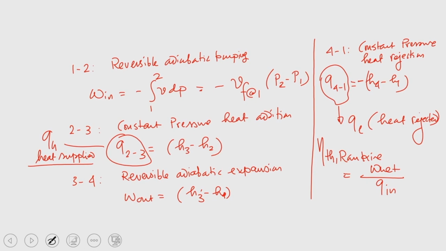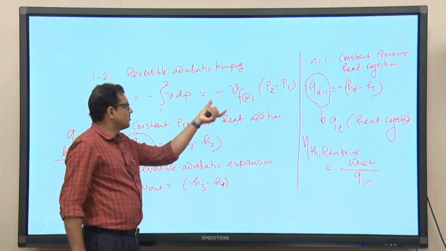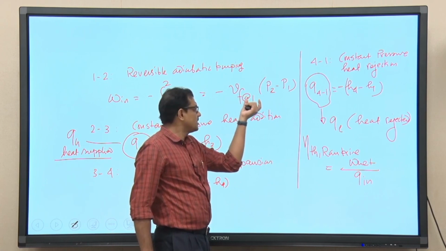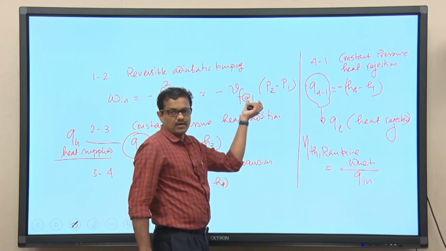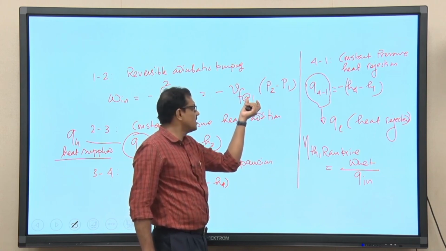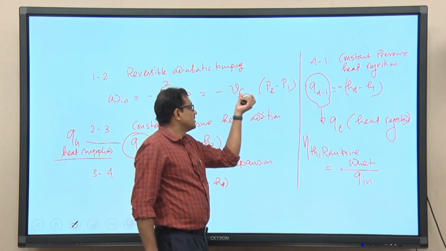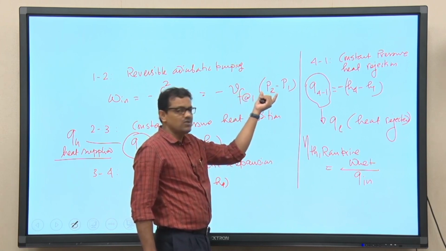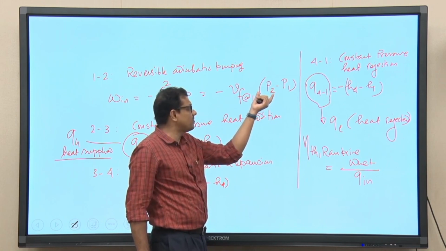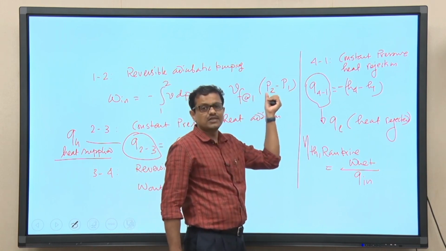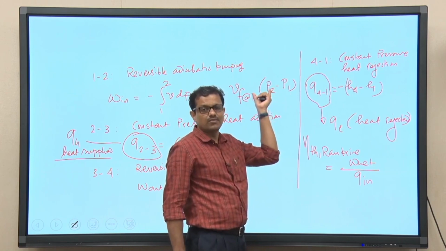Let me tell you again, this is basically work done, where this is the specific volume of the liquid corresponding to state point 1. If we know the condenser pressure, at that pressure we know the volume of the saturated liquid, and if we know the pressure at which the boiler is operating and the pressure at which the condenser is operating, we can calculate what is W in.